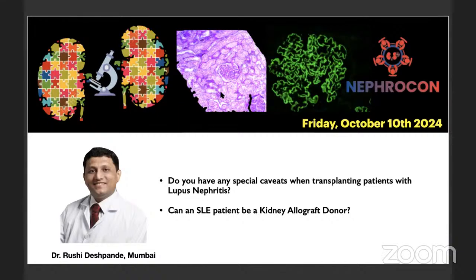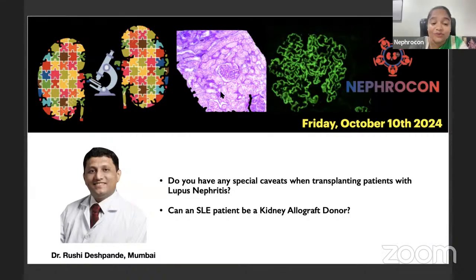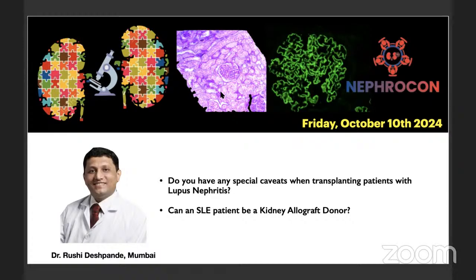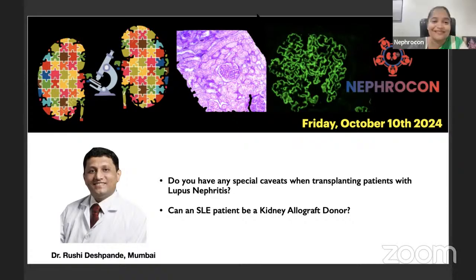The reason why I'm asking this question is because I read somewhere that it is a relative contraindication. It's not like you cannot take one, because not all SLE patients will develop lupus nephritis. We have started accepting diabetic donors with these caveats, right? Yes.